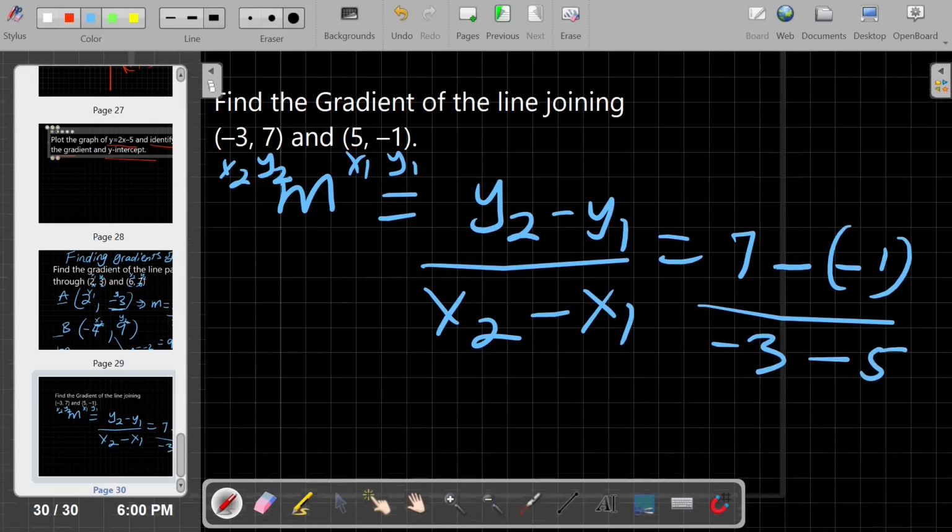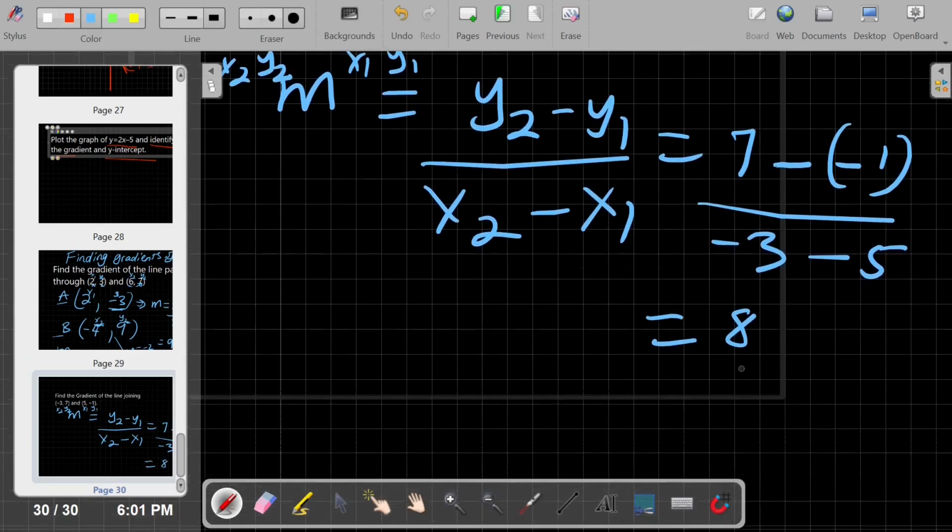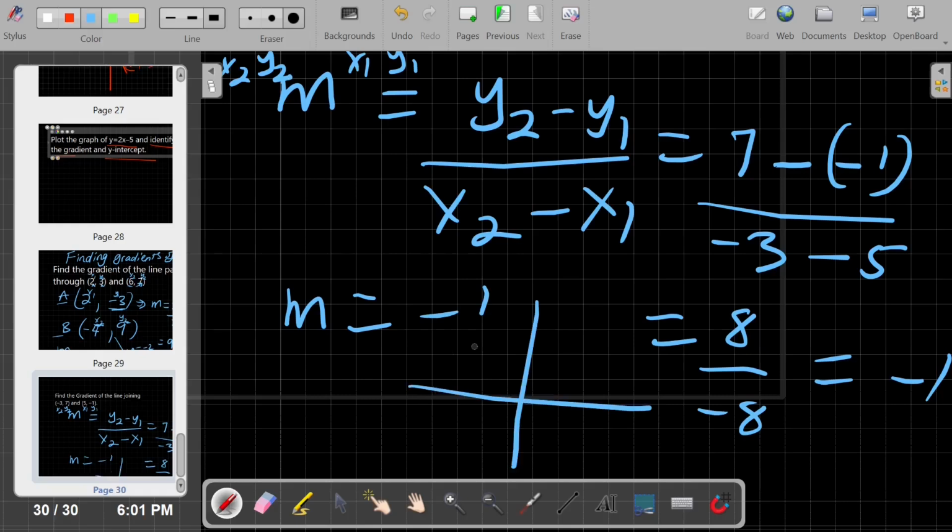And of course, I'll have 7 plus 1, which should give me an 8. And of course, -3 minus 5 should be able to give me just a -8. And if I divide that, I should be able to get a -1, meaning that my gradient is going to be a -1.